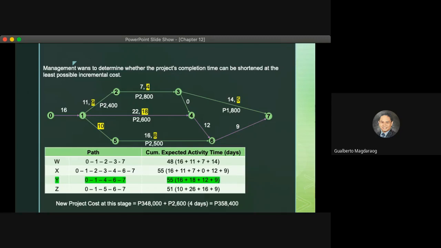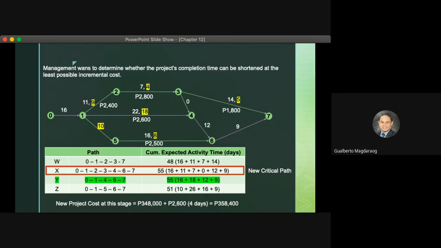Okay? Doing that, we can now recognize also that there is another critical path with the same number of days to finish, and that is path X, 55 days.